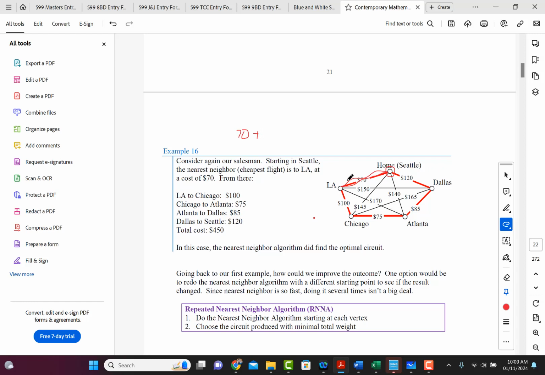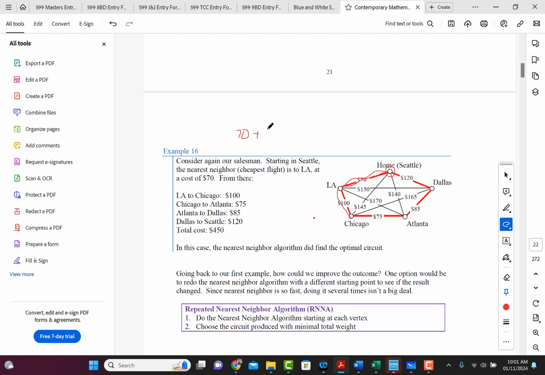So we're going to use the cheapest route from LA. And so where's that going to take us? Well, we've got LA to Dallas, LA to Atlanta, and LA to Chicago, and the cheapest one is going to be from LA to Chicago, right?